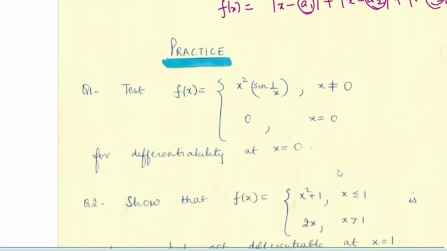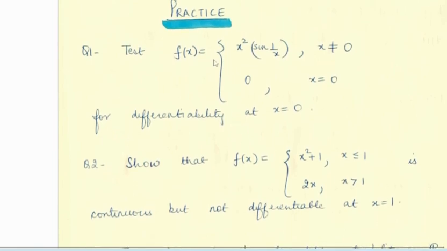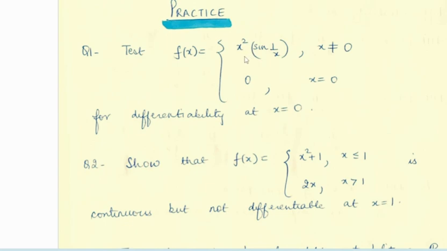I have listed 3 more problems here for you to practice. You can see that if you modify one of the questions that we have discussed right now, we discussed x sin(1/x) and we saw that it's non-differentiable. But if you take x squared or any other higher power, in fact x to the power n where n is greater than or equal to 2, you attach sin(1/x) to any power greater than or equal to 2, you will start getting differentiability also.